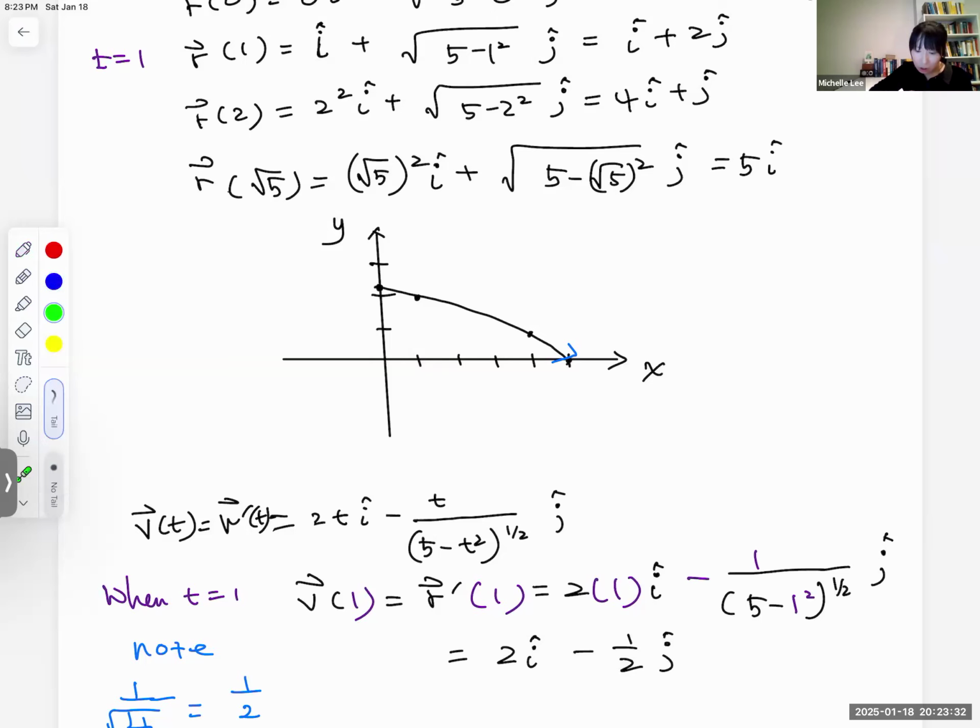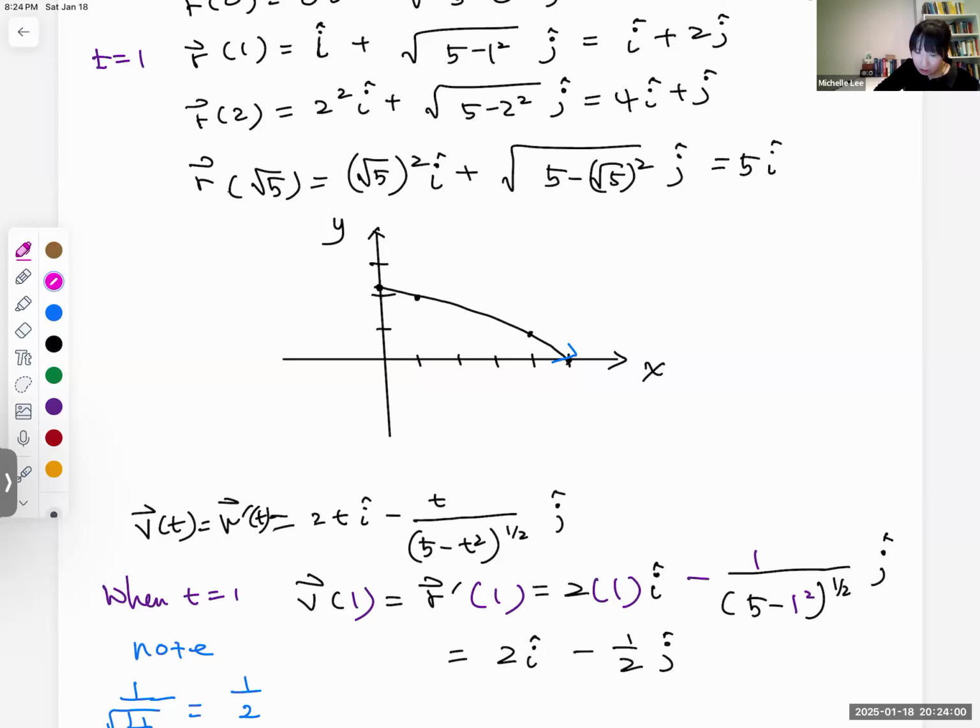So 1, 2. And then negative 1/2, just half, yeah? So you guys okay?